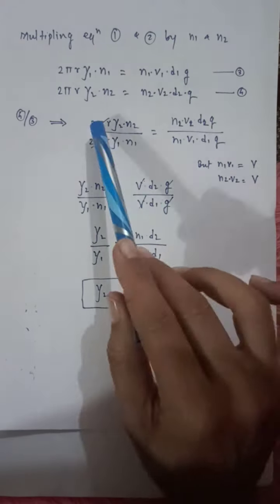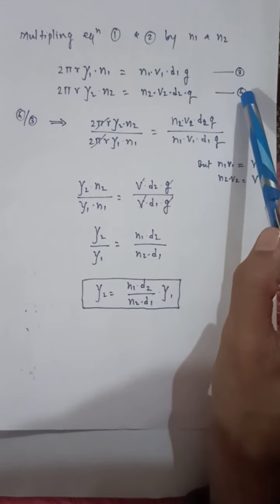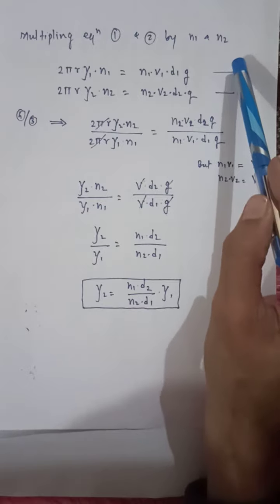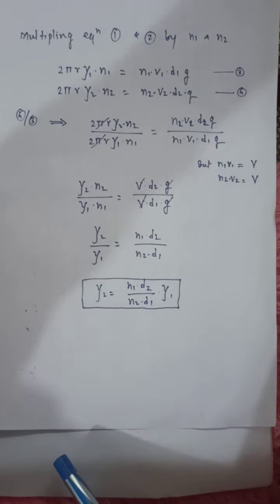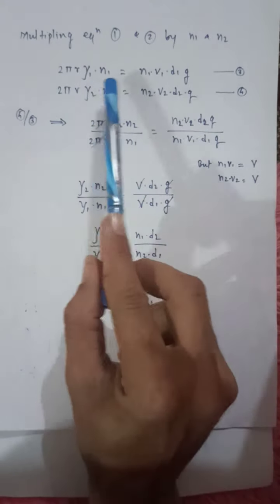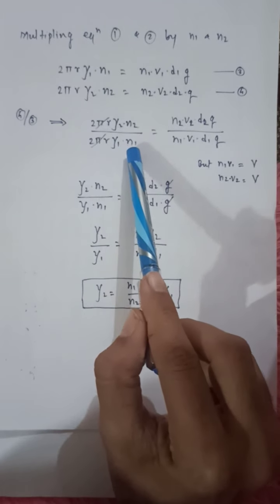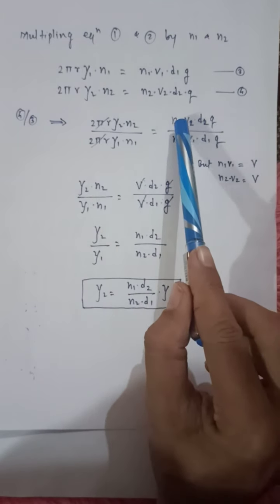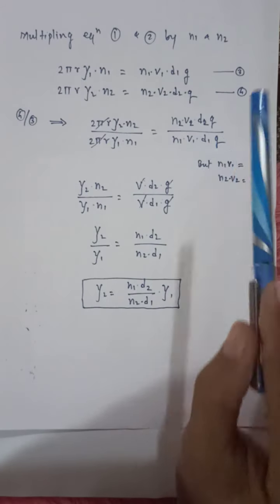So by putting this value, if we divide equation 4 by equation 3, then what will you get? You will get 2 pi r gamma 2 N2 upon 2 pi r gamma 1 N1 equal to N2 V2 D2 into g upon N1 V1 D1 into g.